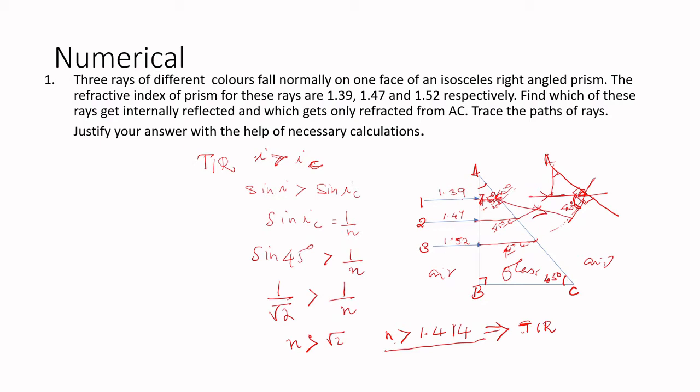Second ray, 1.47, is greater than 1.414, so it will totally internally reflect like this. Third ray, 1.52, again greater than 1.414, also will totally internally reflect. So rays 2 and 3 will totally internally reflect, and ray 1 will be refracted. That is the inference of this question.